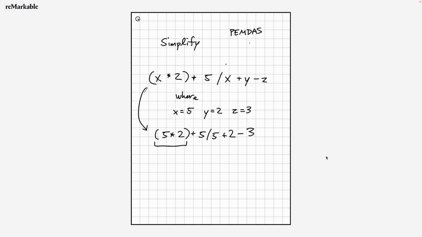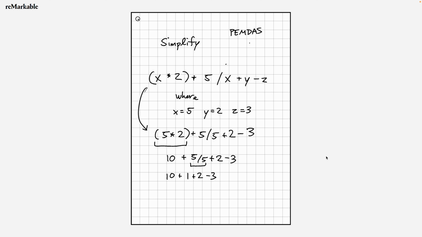This is in parentheses, so we do this first. So 10 plus 5 divided by 5 plus 2 minus 3. And then the next thing we would do is this division. So that's going to be 10 plus 1 plus 2 minus 3. And then we can just add these all up.